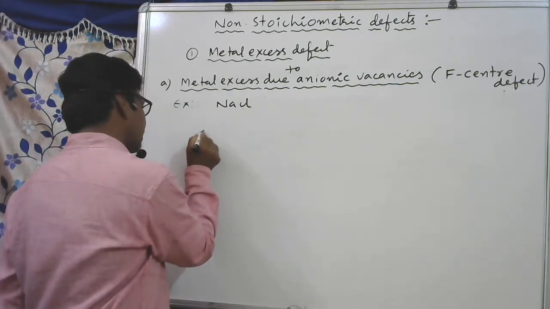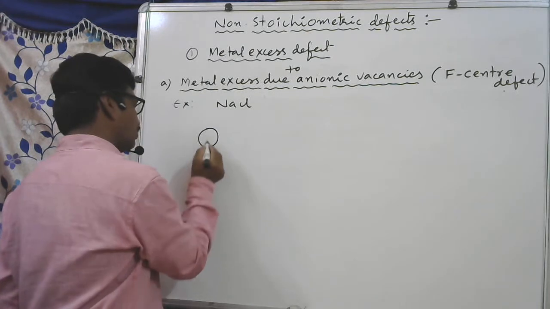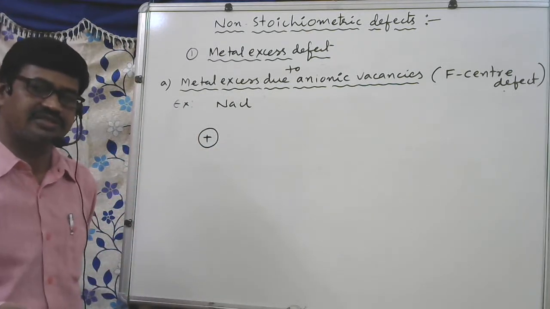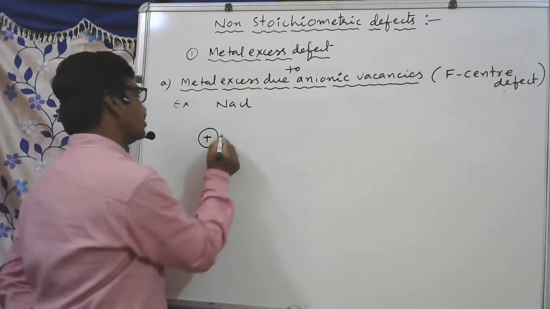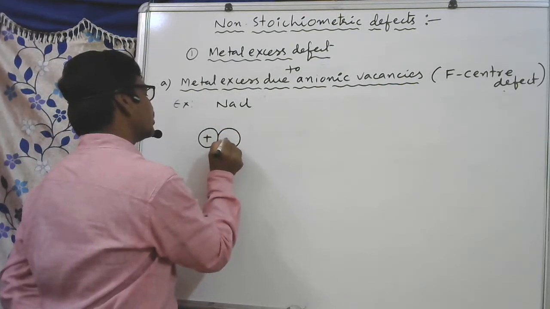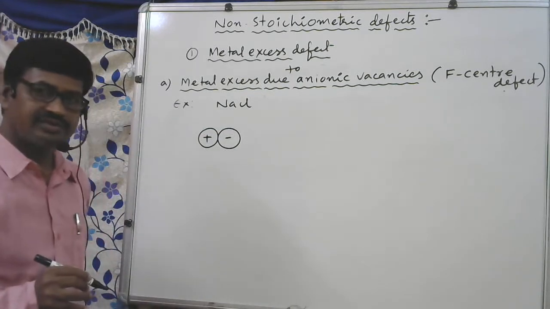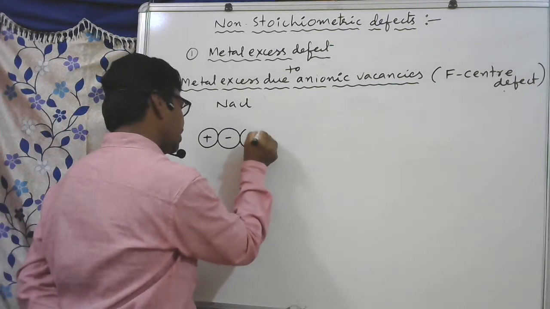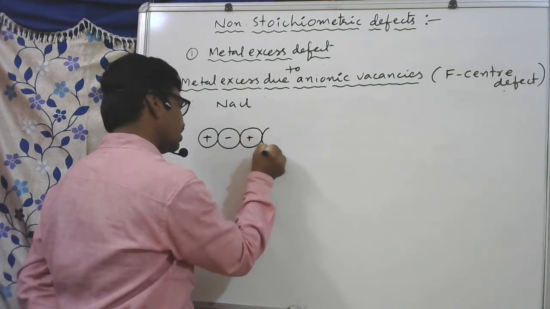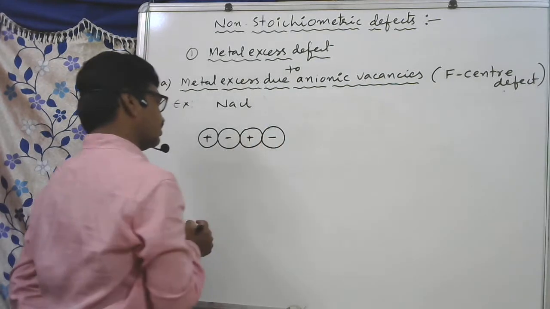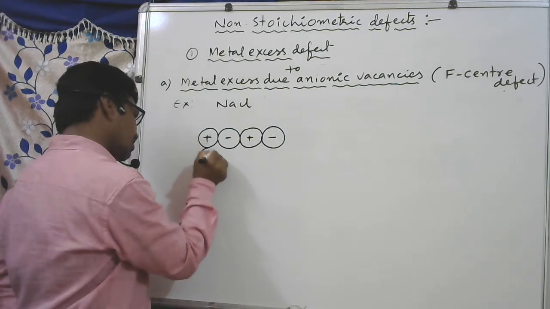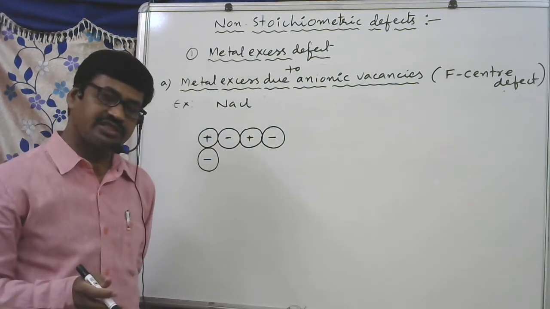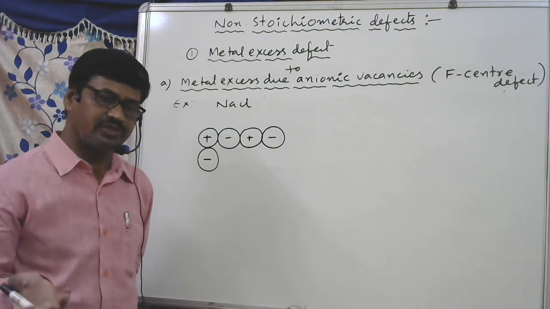This is one positive ion, maybe sodium plus or lithium plus or potassium plus. Next, immediate to this, one negative charge ion. It is Cl minus here. Then again, one more positive charge. Here, negative charge. Near to this, we can expect negative, because positive and negative charges attract together.